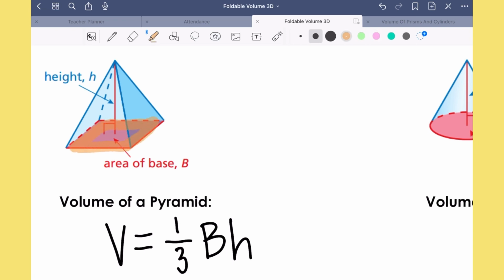So for this pyramid, we would find this area first, and then we would take the area of that base and multiply it by the height up here, and then multiply it by 1/3. Okay, so that's for a pyramid.